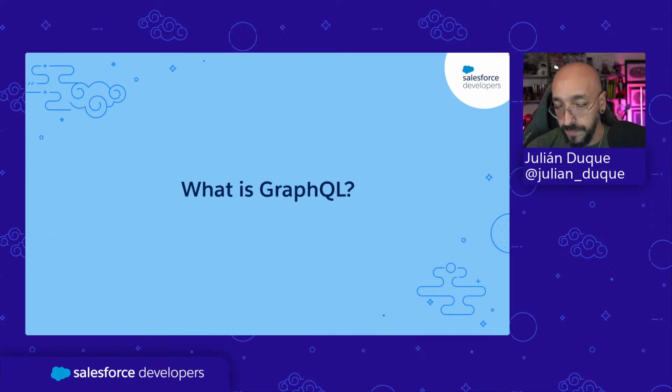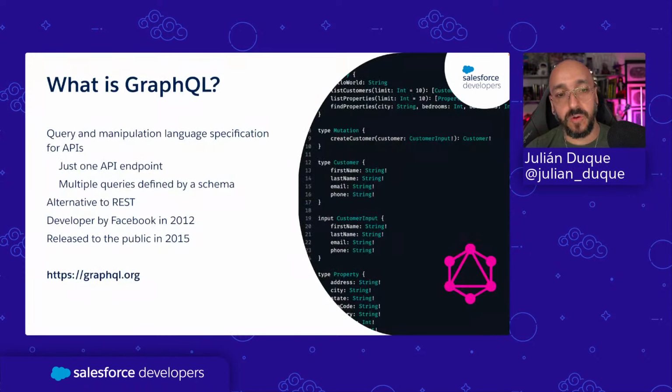But before all of that, what is GraphQL? GraphQL is a query manipulation language for APIs. Usually, when we interact with APIs right now, the most common approach is using REST APIs, where we use HTTP methods to access resources on our server.